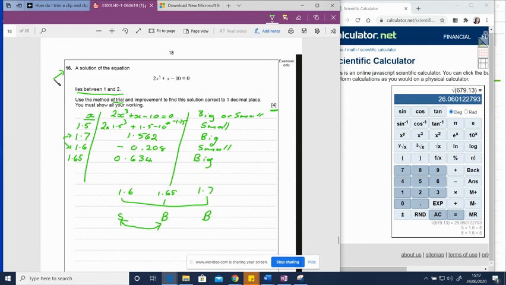Whatever that number is, it will always round to 1.6. And the question asks us to find the solution correct to one decimal place. So the solution is that x is equal to 1.6.